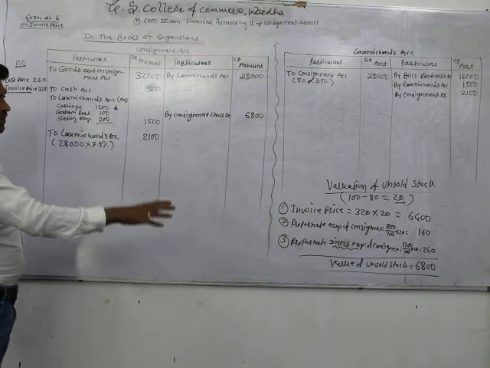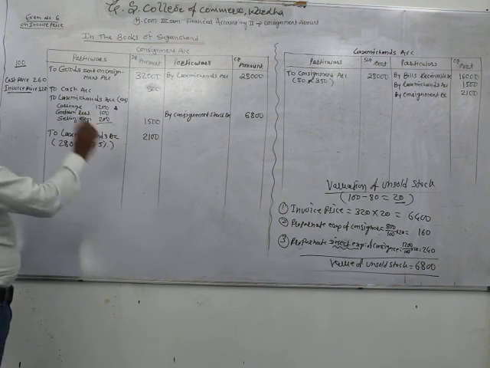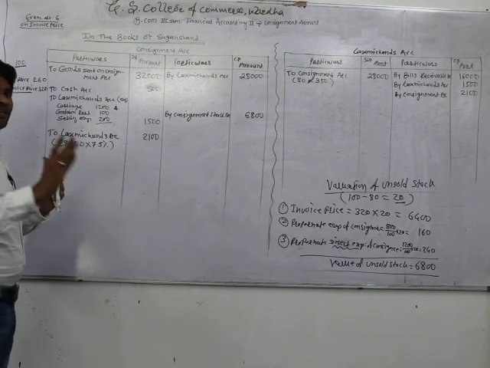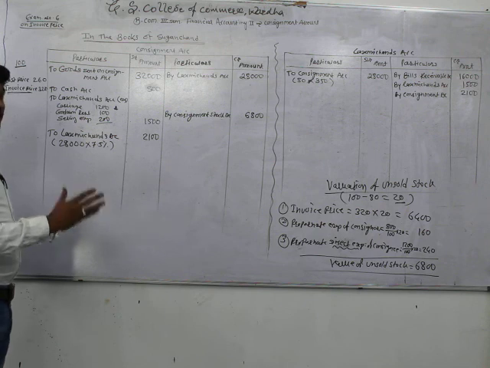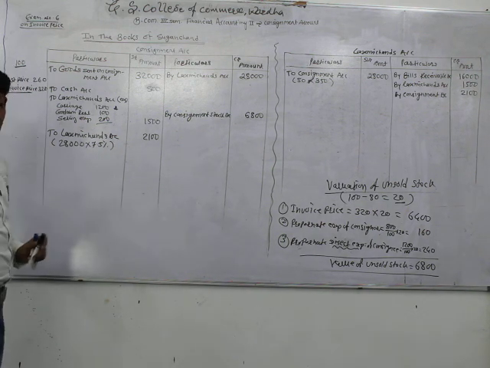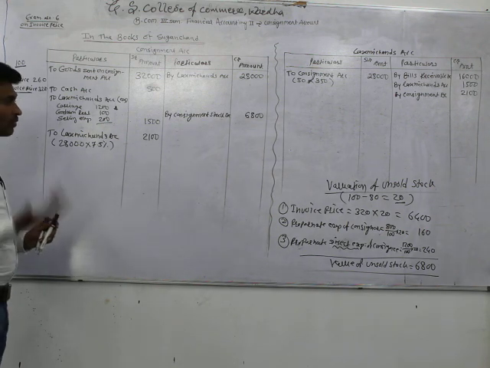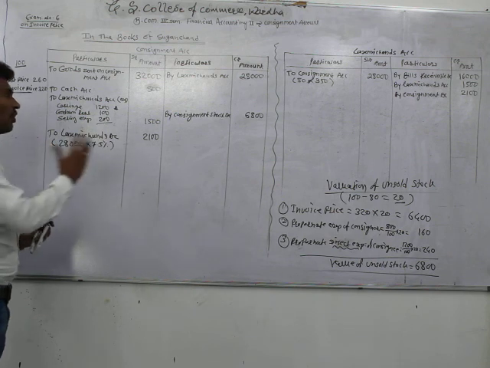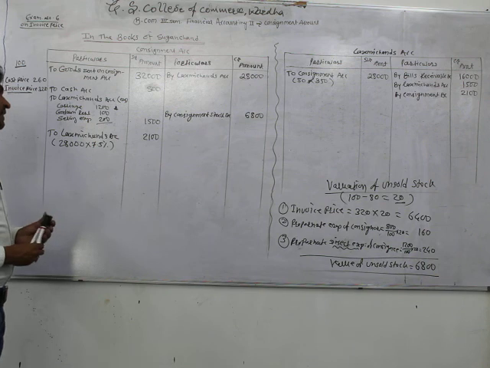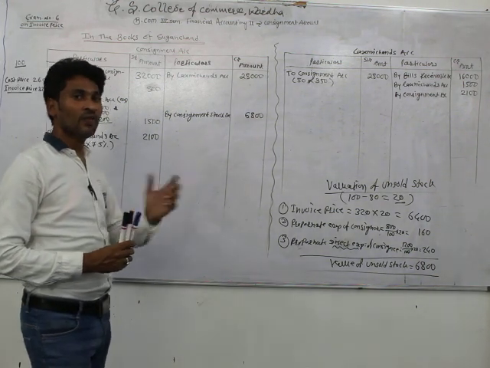We have also calculated the value of unsold stock, but the problem is on the invoice price. So during the year you keep the balance of goods by the invoice price till the valuation of unsold stock. But when you calculate the profit or loss on the consignment, at that time you need to remove the difference in the value.